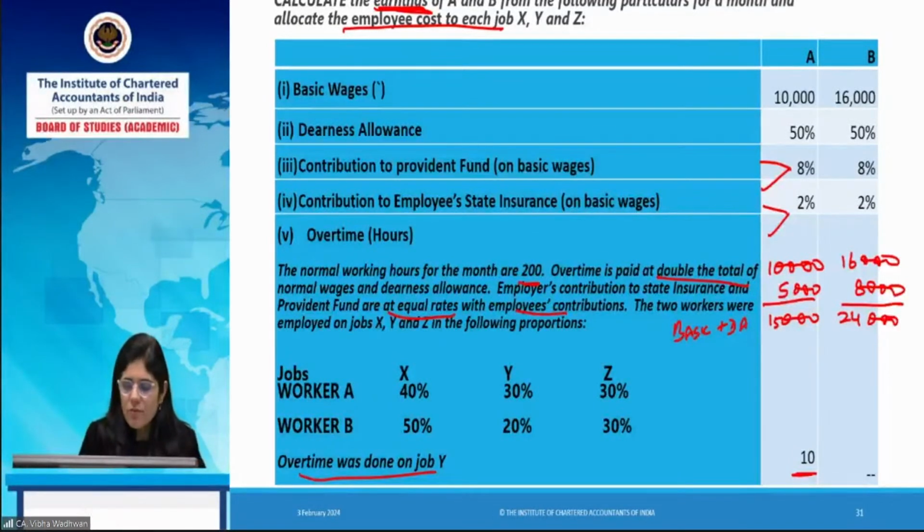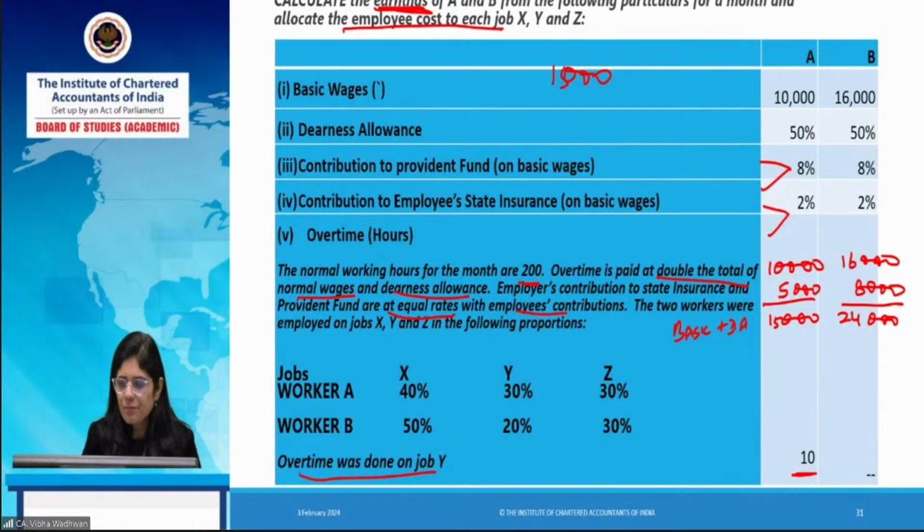Now overtime also. Overtime is paid at double the total of normal wages and DA. So let us calculate the normal rate first. Normal overtime is based on normal wages and DA, that means 15,000. Only A is doing overtime, so for overtime we only have to take basic wages and DA.